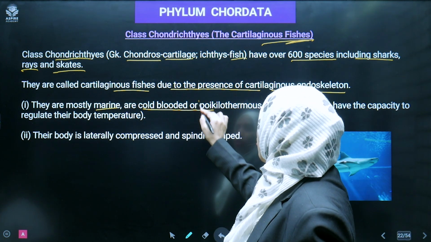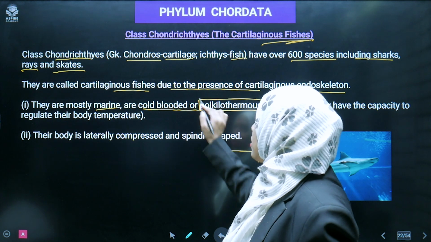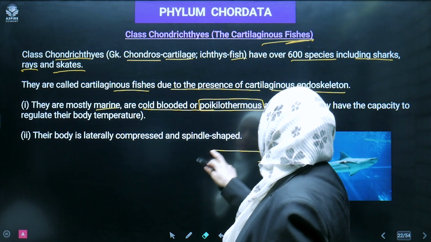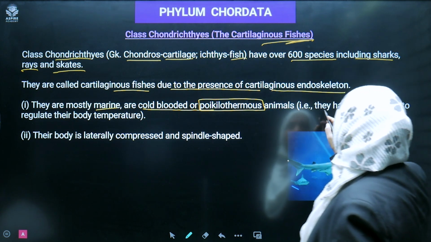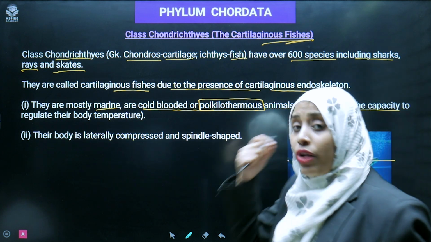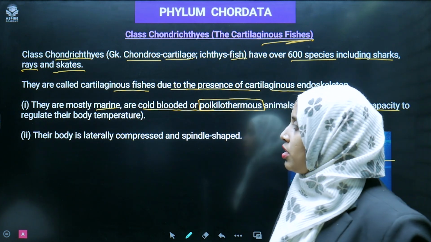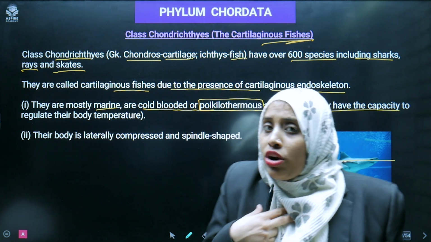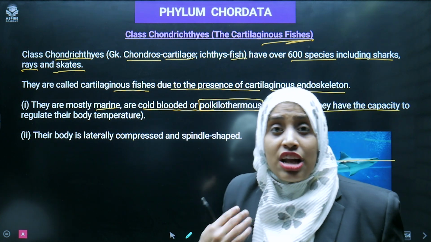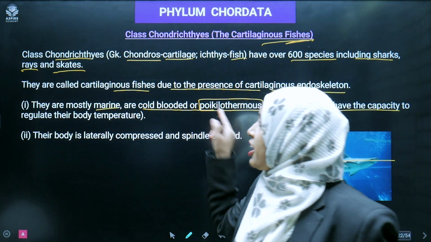Poikilothermous animals. That means they are cold blooded organisms. They have the capacity to regulate their body temperature according to the environmental condition. We are warm blooded, we cannot make changes in our body temperature. But they are cold blooded.